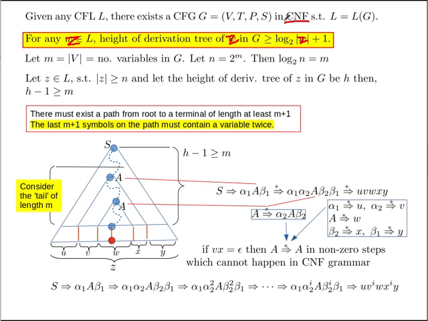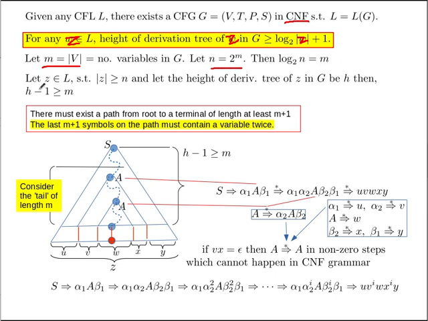So now consider this set of variables and the number of variables. The cardinality of this is say m, which is the number of variables in this grammar, and then consider this n, which is 2 to the m. So m is the number of variables and n is just 2 to the m, so that log of n is m, right?